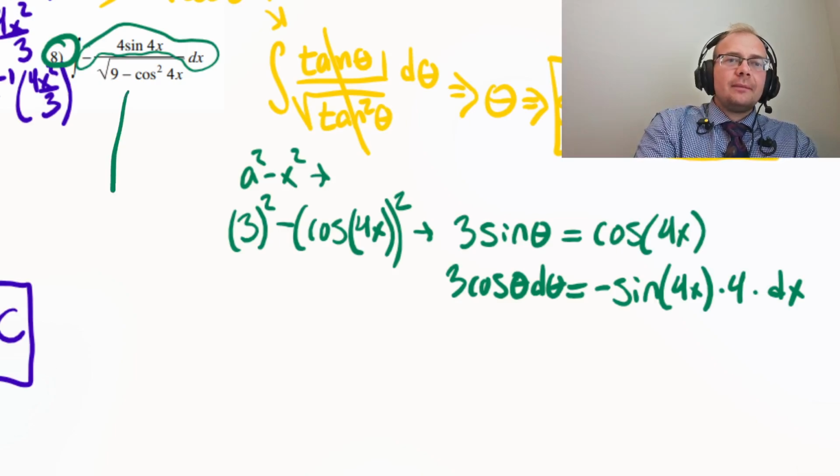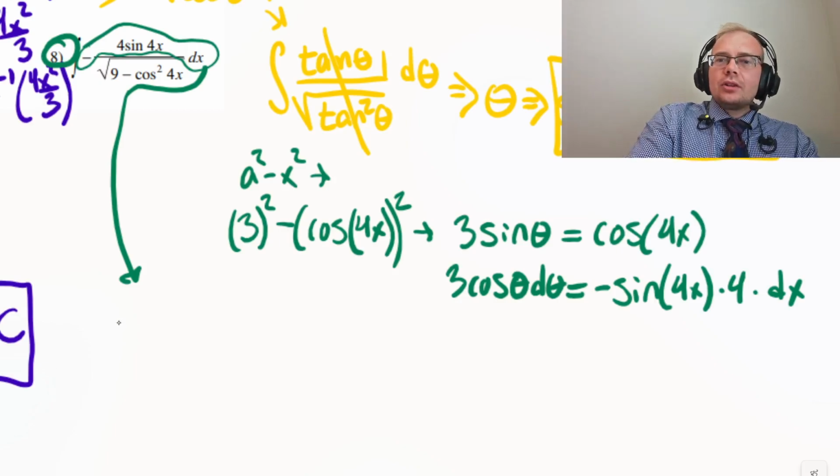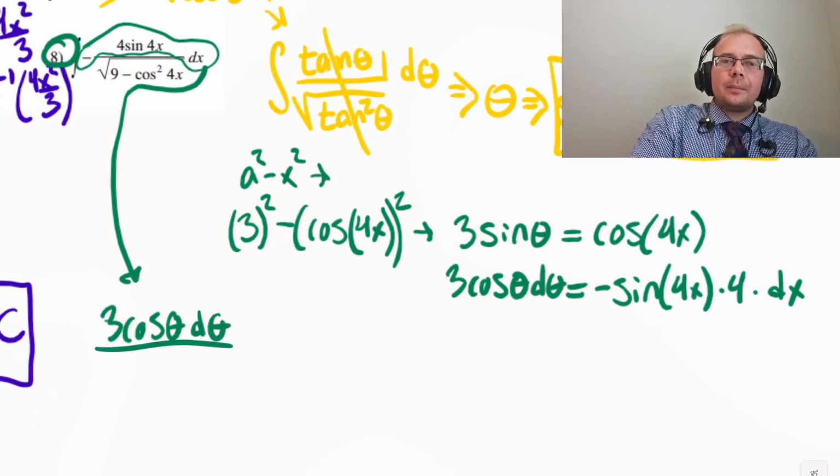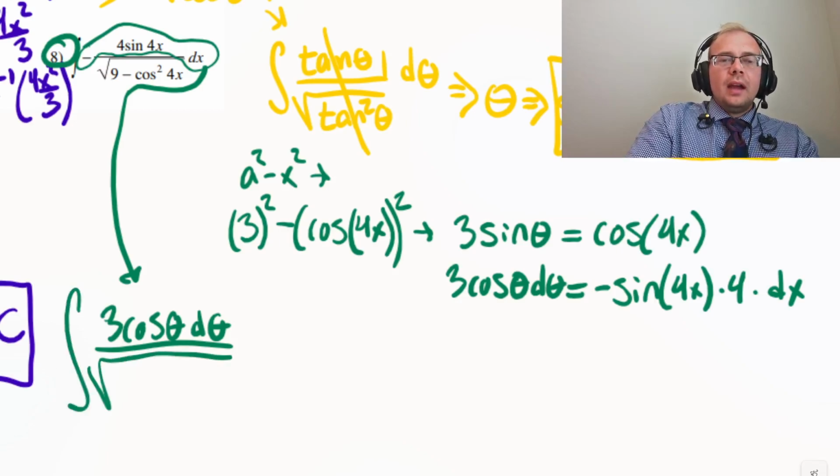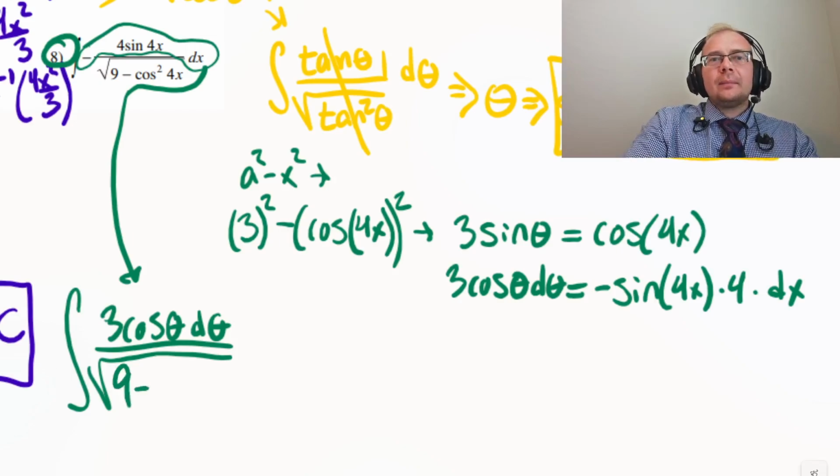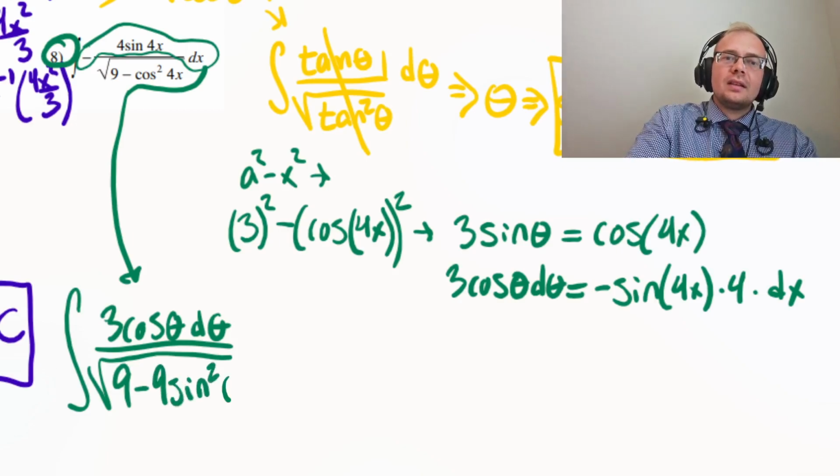So that's going to be, let's come down here with that. That's going to be all of that. So all of that turning into 3 cosine theta d theta. And then that's over the square root of 9 minus cosine squared 4x, which is 9 sine squared theta, just like number 5 actually.